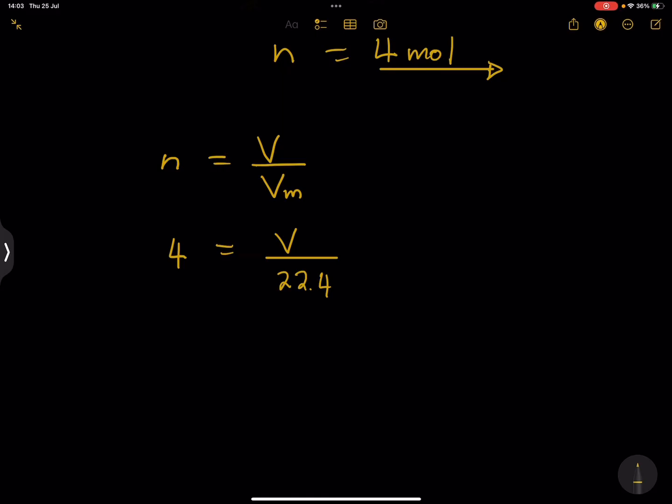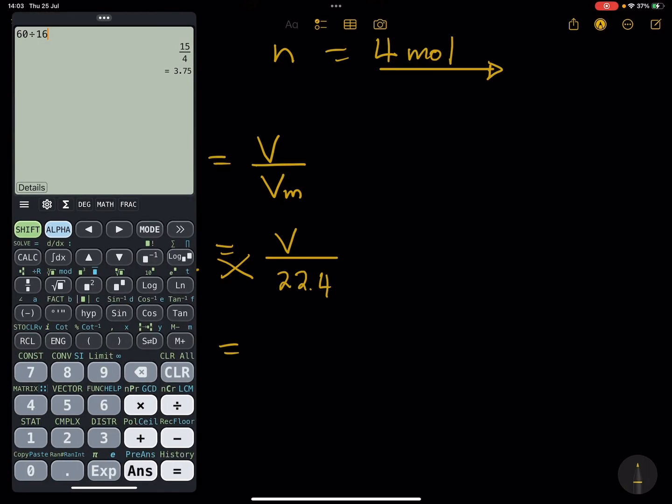Right, all we're going to do, ladies and gents, is just cross multiply. So V would be equal to 4 times 22.4. That will give us 89, right? That should be 89.6, isn't it? Okay, let's just verify that. 22.4 multiplied by 4.